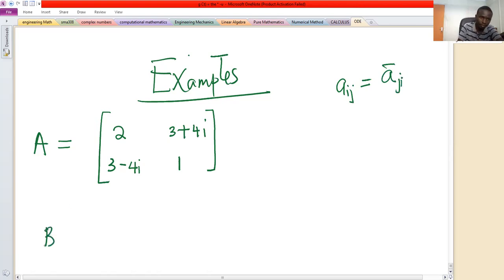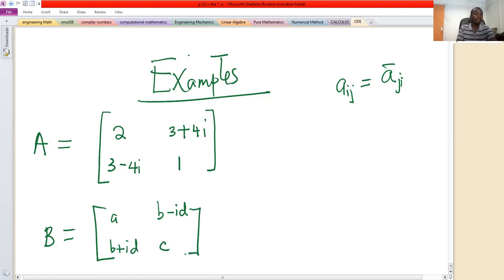B, if I have a matrix a, b minus id, and then b plus id, and then c, is also Hermitian because, first, the elements along the main diagonal are all real numbers, and the off-diagonal elements are conjugates of each other.